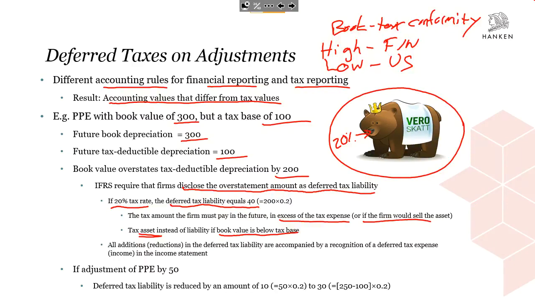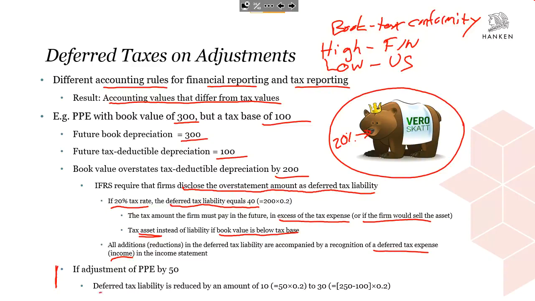Every time we do something with the balance sheet, asset or liability, something will happen on the income statement as well, as a deferred tax expense or deferred tax income. This is usually what you see on listed companies' income statements. So if we adjust this property, plant, and equipment by 50, something will happen with the deferred taxes as well.